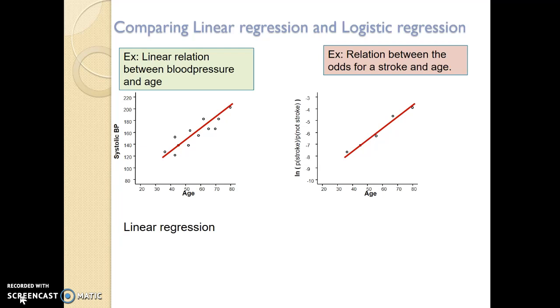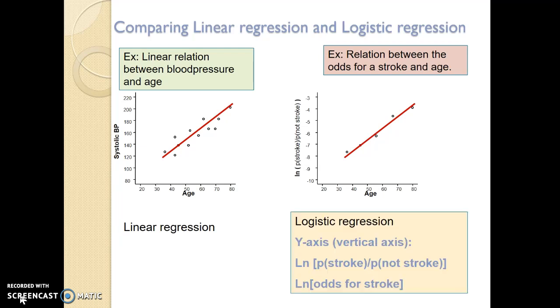In this example, it's the odds for a stroke. And we look at the relation between odds for a stroke and the covariate, in this case age. And here, the vertical axis shows the natural logarithm for the odds for this event.